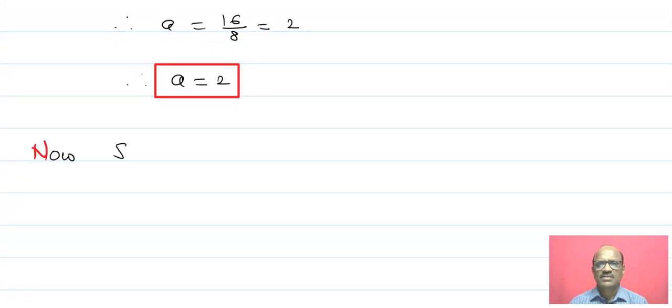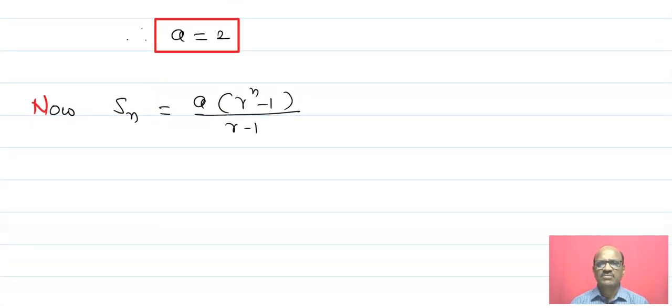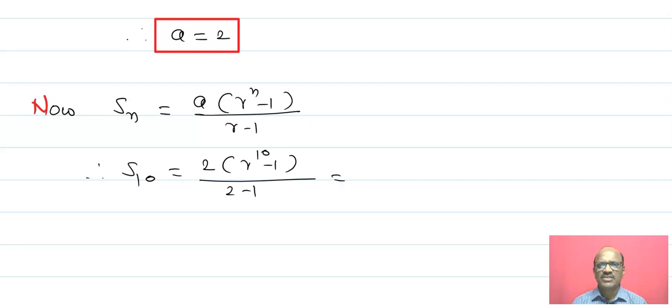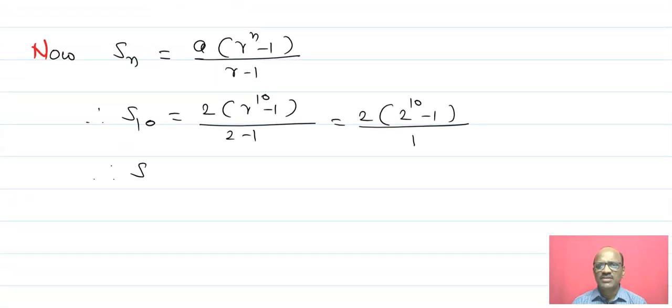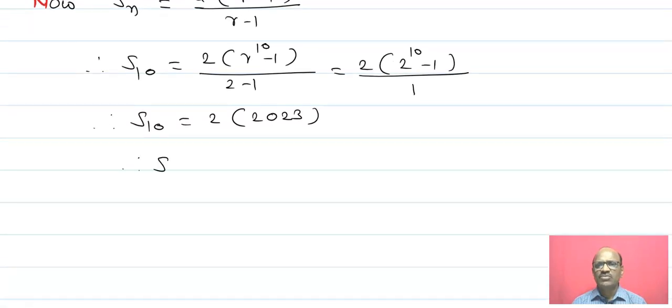Next is, now Sn is equal to A in bracket R raised to n minus 1 upon R minus 1. Therefore S10 is equal to 2 in bracket R raised to 10 minus 1 upon R minus 1. Therefore 2 in bracket 2 raised to 10 minus 1 upon 1, that is 2 in bracket 2 raised to 10.